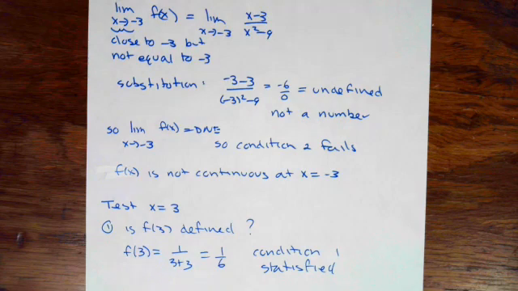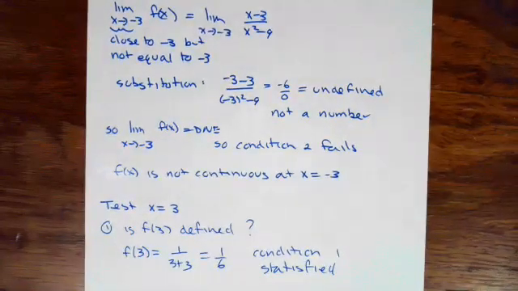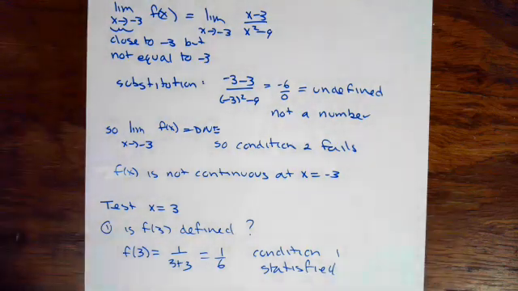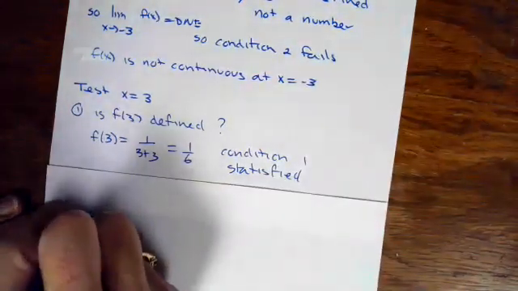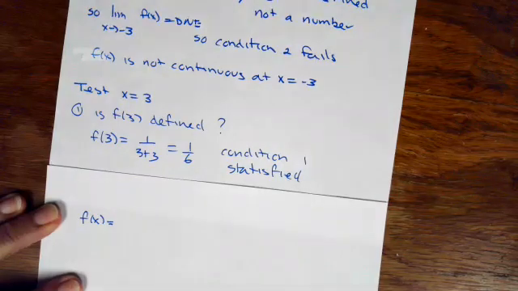Let's see if I can get that to focus a little bit better. I'm working from my office this time instead of a classroom. Okay, I'm going to copy my function down again so we can still have it on the same piece of paper. Sorry if that's so crooked.